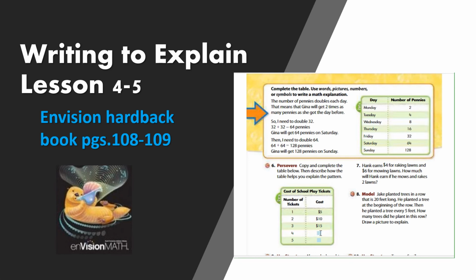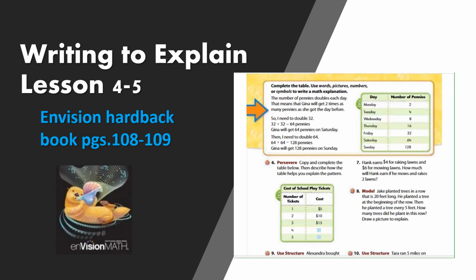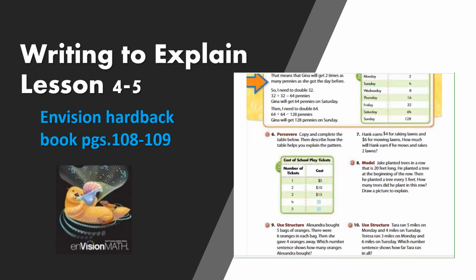By the time we get to our 4th ticket or our 5th ticket, you should be seeing a pattern from input to output. On number 7, this would be a really good idea if you were to draw a table. For example, you could have a table that had lawns mowed or raked, and for each lawn, he rakes for $4 and he mows for $6. So how much will Hank earn if he mows and rakes 2 lawns?